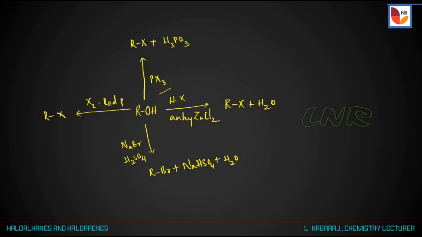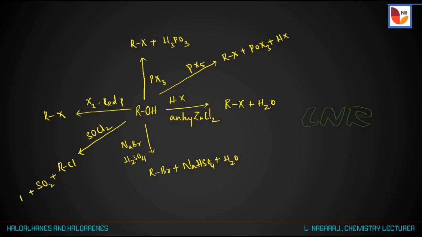And in the presence of PX5, the product is RX plus POX3 plus HX. And the reaction of alcohols with thionyl chloride, SOCl2, gives the product RCl plus SO2 gas plus H2O.